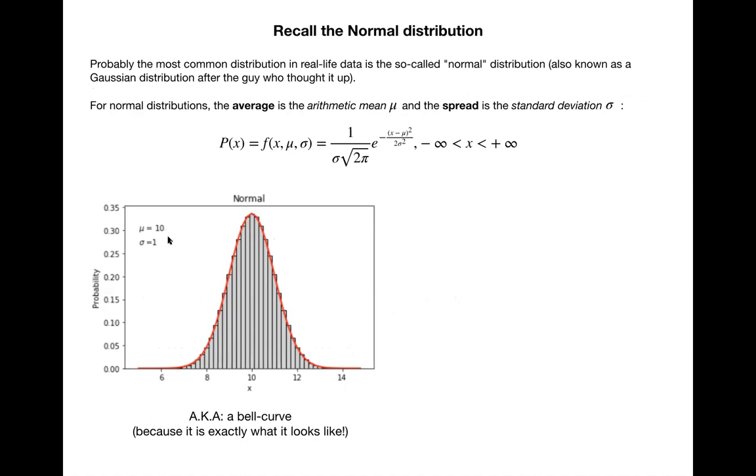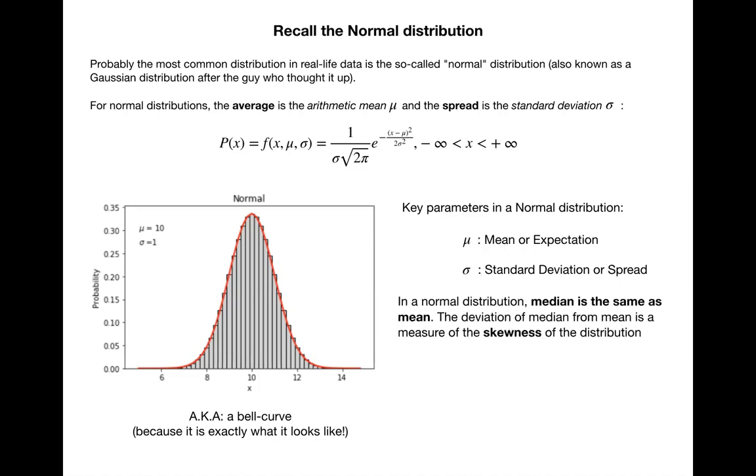So these are the mean and standard deviation, the two key parameters of this distribution: mu, the mean or expectation, and sigma, the standard deviation or spread. The expectation equals the mean exactly because it's a normal distribution. It doesn't work for most other distributions. This is a property of the normal distribution.